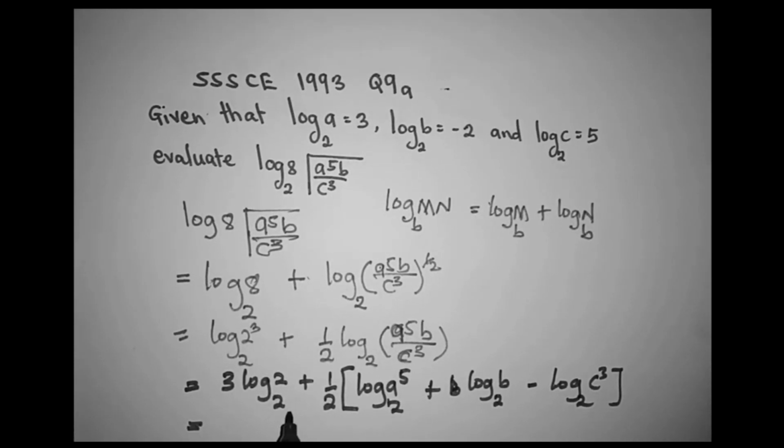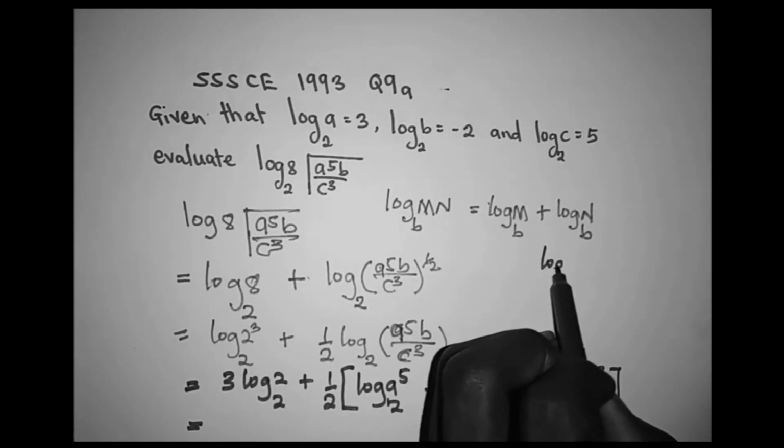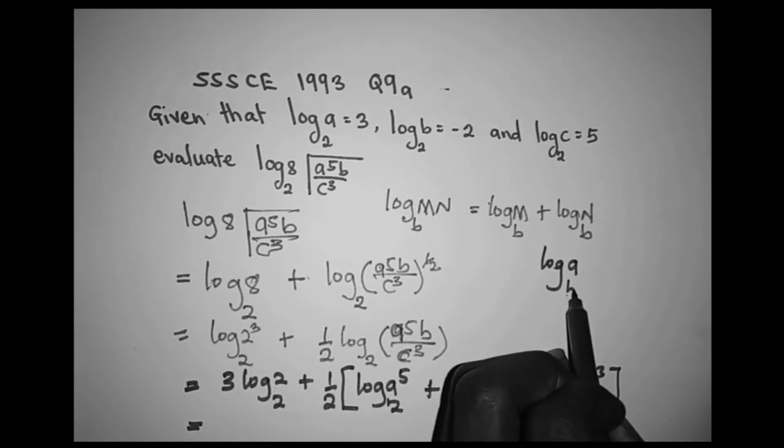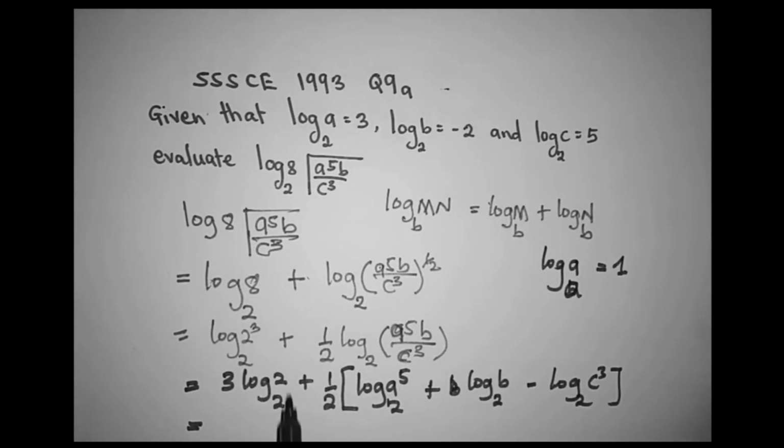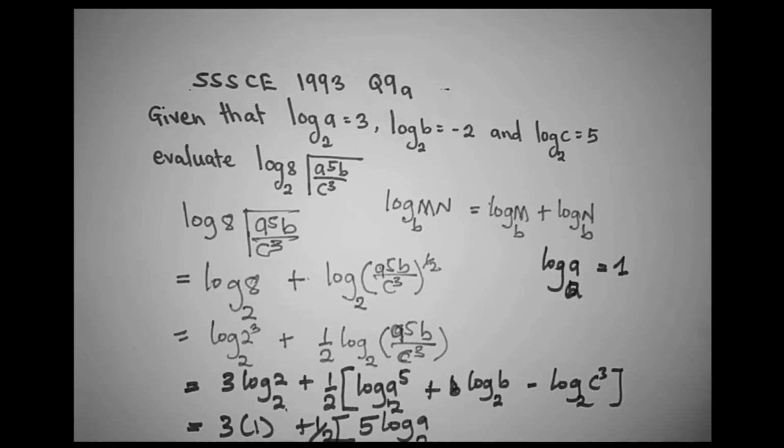So this is equal to, remember what we said, log a base a is equal to 1. So log 2 base 2 is 1. So this becomes 3 times 1 plus half of, then we can bring this 5 down, so it becomes 5 log a base 2 plus log b base 2 minus, can bring this 3 down, 3 log c base 2.